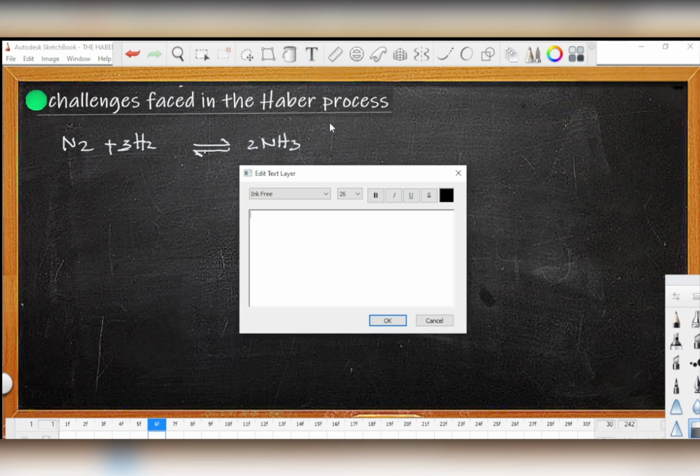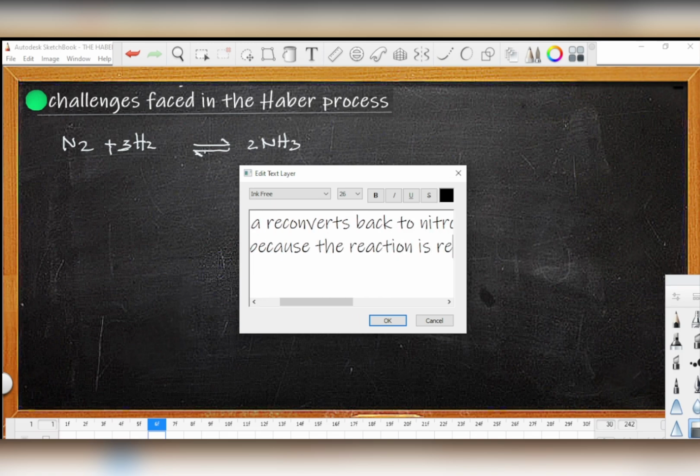So the challenge here is ammonia reconverts back to nitrogen and hydrogen after a while. This is because the reaction is reversible.